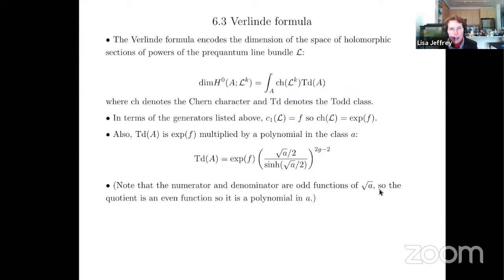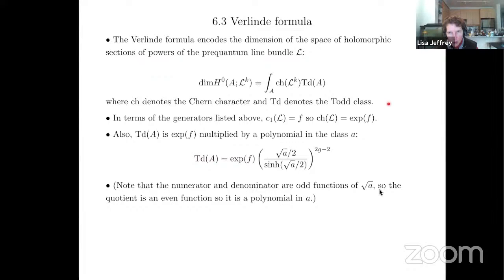In terms of the generators I gave before, the first Chern class is just F, the de Rham cohomology representation of the symplectic form.